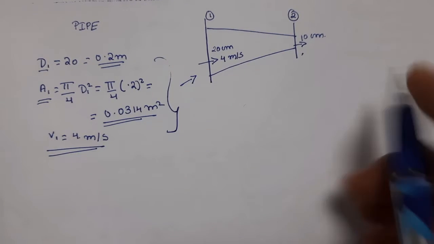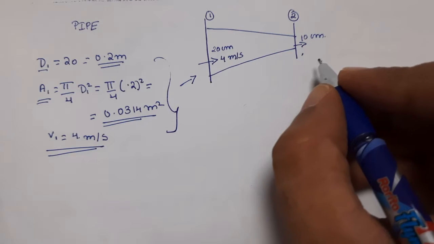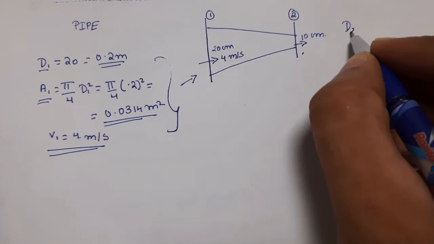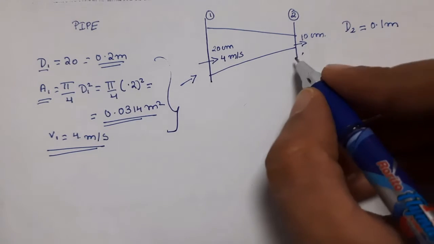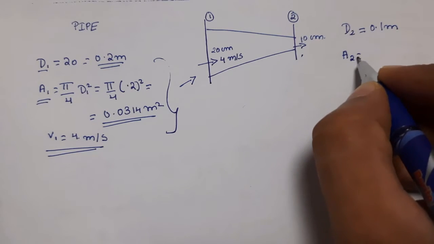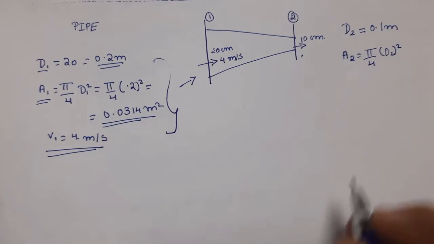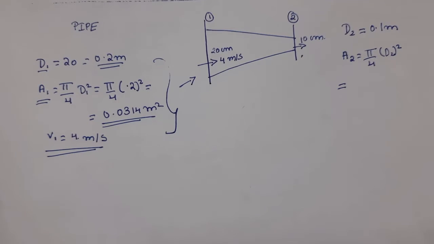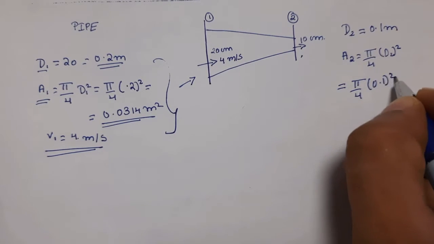Now similarly, when we look into section 2 over here, D2 is nothing but 10 centimeter, so it is 0.1 meter. Then area 2 is nothing but pi by 4 d2 square, that is equal to pi by 4 into 0.1 the whole square.